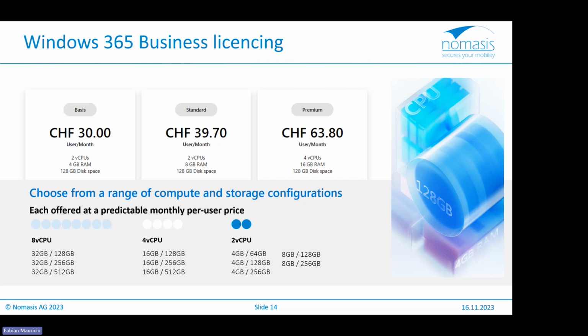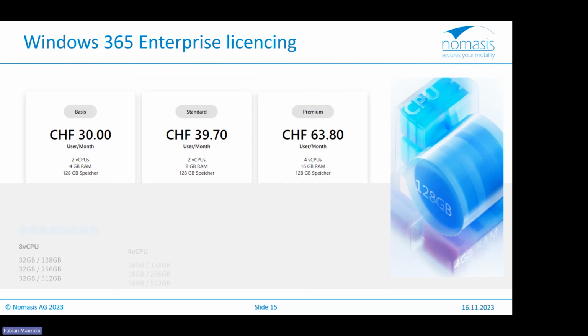Of course, you can always have a higher amount of disk space. It depends on the region you choose. You might not have every possibility, so you might need to restrict yourself to some configurations if you want to stay, for example, in the Switzerland data centers.